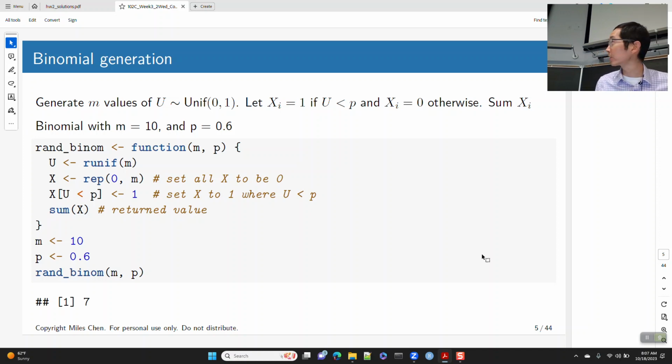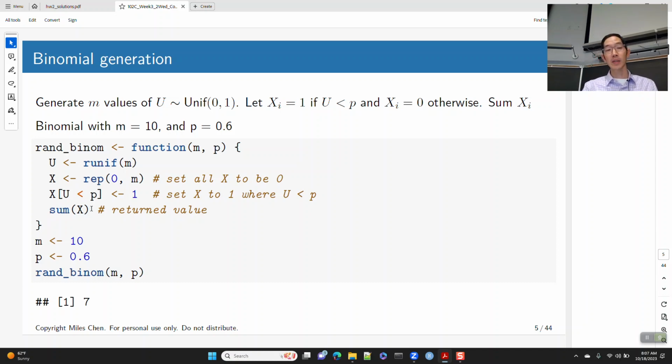So to generate this on the computer, very simple piece of code here. We can define a function with parameters m and p, and we're going to create a vector of m random uniform values. I'm going to first start off by setting everything equal to 0. And then for any of the values where u is less than this value p, we're going to change those zeros into ones.